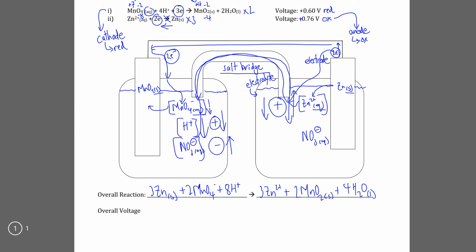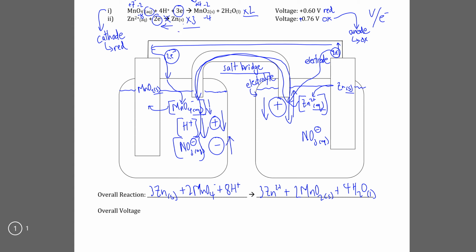And of course, we need to remember that because each of the voltages are listed in the units volts per electron, it doesn't actually matter what we multiply our half reactions by. The voltages are going to be constant and not affected by the lowest common multiple multipliers.